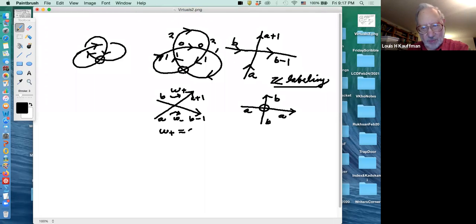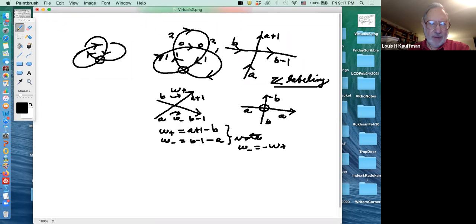So it's A plus 1 minus B. And the W minus is equal to B minus 1 minus A, the right minus left in both cases. You'll see that these are negatives of one another. Note that W minus is equal to minus W plus.